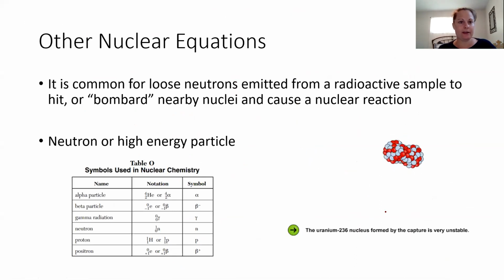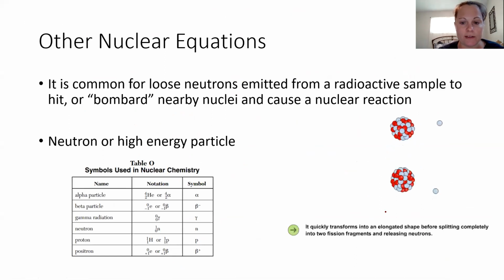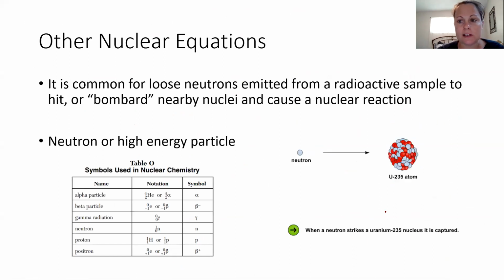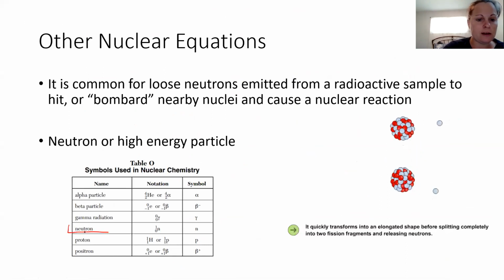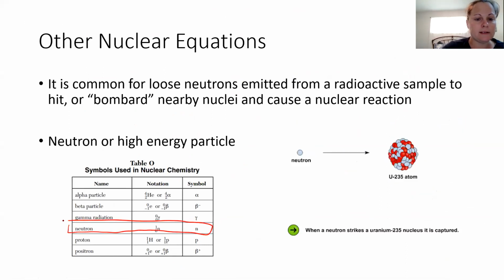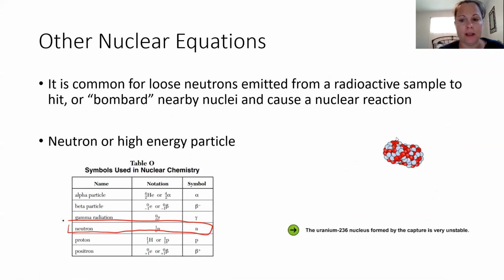Outside of decay, there are other nuclear equations that you may be asked to find the missing particle for. It's common for loose neutrons to hit other nuclei and cause nuclear reactions. So on table O, a neutron particle looks like this: 1 for the mass, 0 for the charge, n for the symbol neutron.